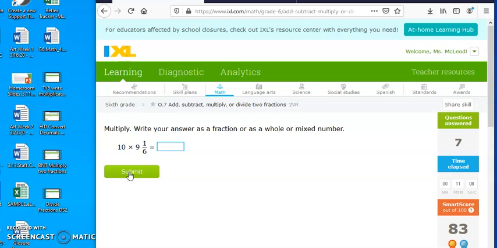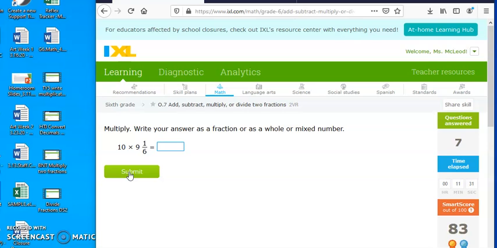Next, we're going to take the 1, the numerator, and add it to 54. So 9 times 6 equals 54 plus 1, that's 55. 55 is your new numerator, your new top number. Your denominator, we're going to keep that the same, which is 6.